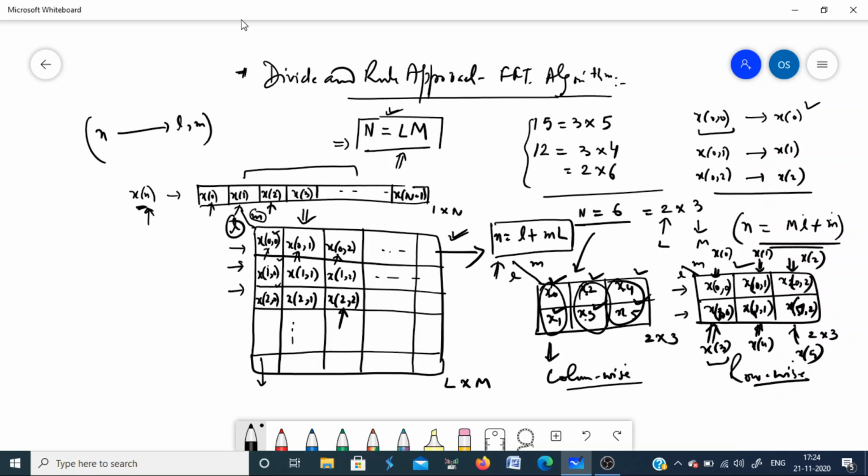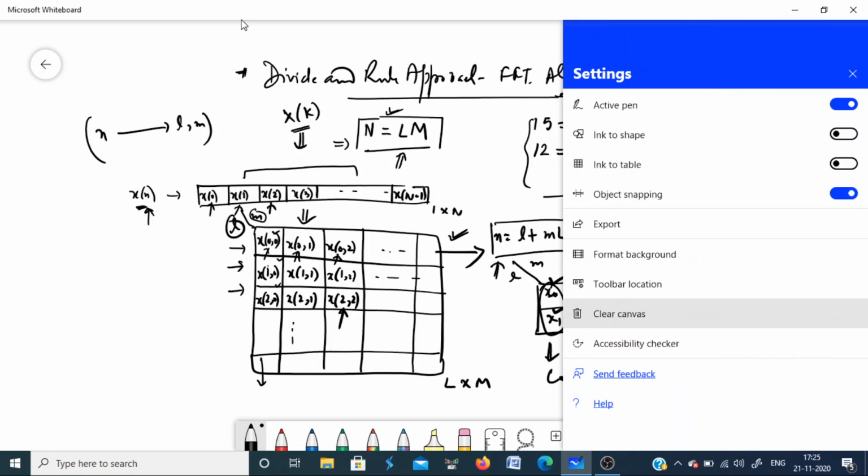Now similarly, when you compute the DFT of this sequence, the N-point DFT, that is X of k, that data can also be stored in the same matrix of L cross M. You have an input sequence x of n, which has a length of N points.